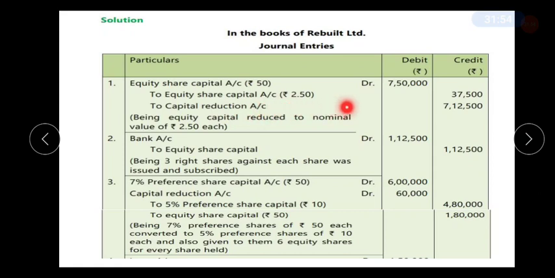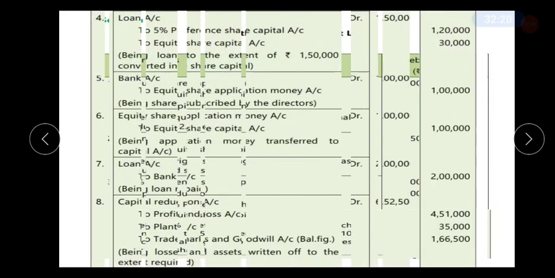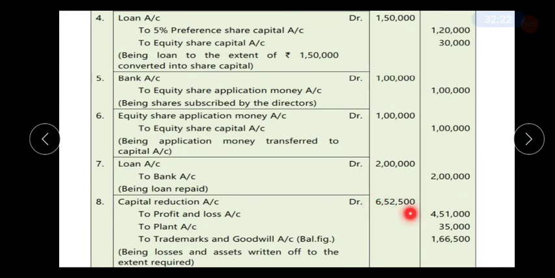So the capital reduction account credit balance is 7,12,500. And here you have a capital reduction account debit balance, which we used for settling the money to be received from the preference shares. So 7,12,500 credit minus 60,000 debit, and the remaining is 6,52,500.